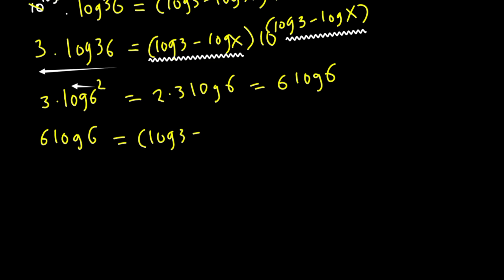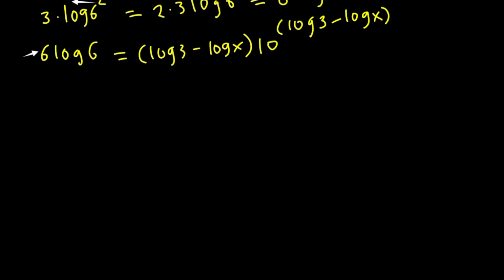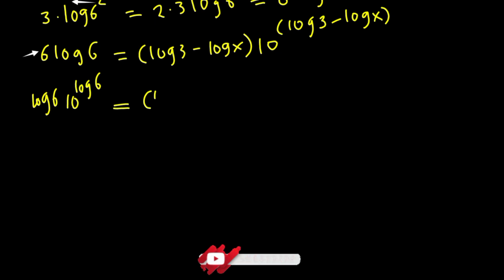log 3 minus log x, then 10 to the power of log 3 minus log x. So we are going to be applying that same law here again, and we write 6 as 10 to the power of log 6. Then let's write this log 6 behind, and that will equal log 3 minus log x.